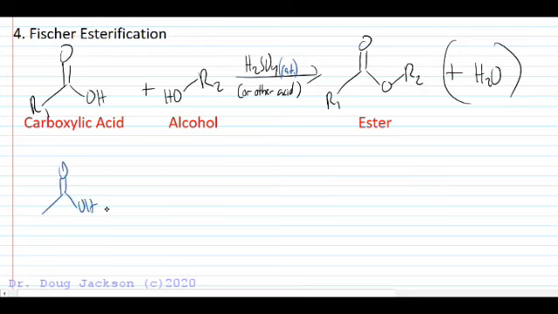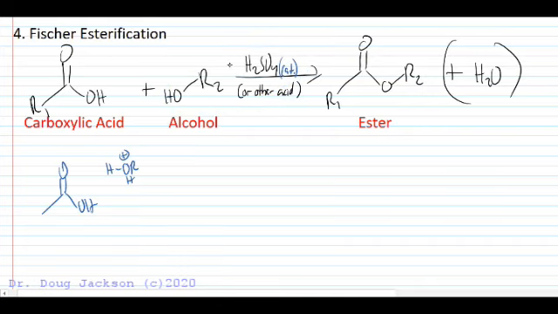So we don't find that we can add the alcohol directly to this carbonyl because of the reactivity level being lower for our carboxylic acid. So a protonated alcohol that's created by the acid-base reaction between H2SO4 and the alcohol would be the proton donor here to our carboxylic acid.